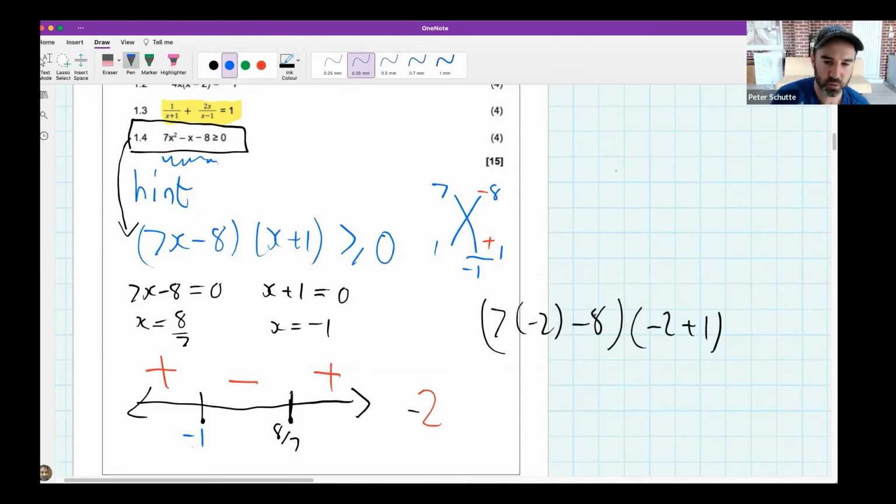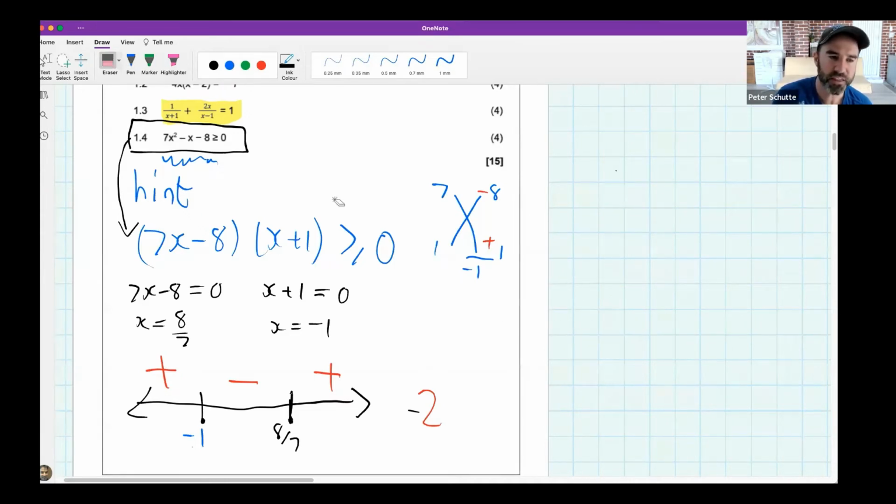Now, this one is definitely going to be negative, and this one, what's -2 plus 1? It's negative. And what's a negative times a negative? It's a positive. I don't want to go too much down that rabbit hole, guys. The main thing I want you to focus on is that it's changing as it crosses the 0 values.